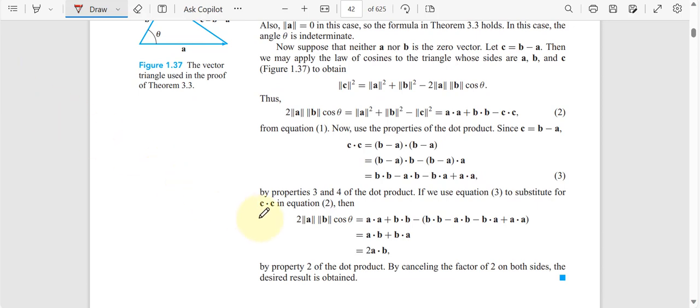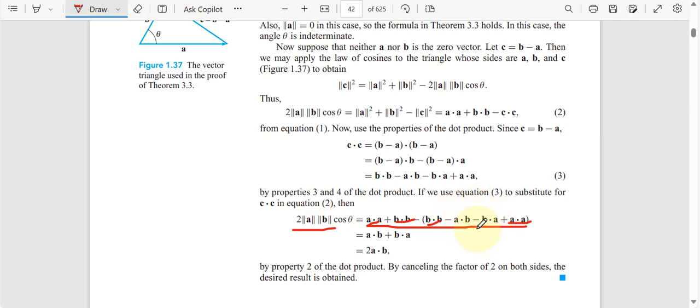So I guess the last line is they end up with this equals this. And then I guess we can cancel, right? We get A dot A. There's an A dot A here, and it's a minus, so that goes away with this one. B dot B, and there's a minus, so they go away. And so we get minus A dot B and minus B dot A, but those are the same. Remember, we said that we can change the order here.